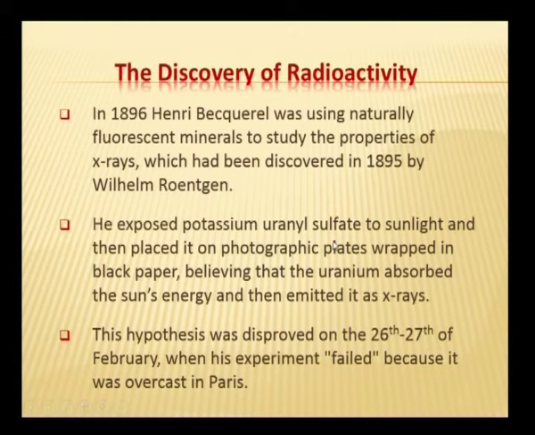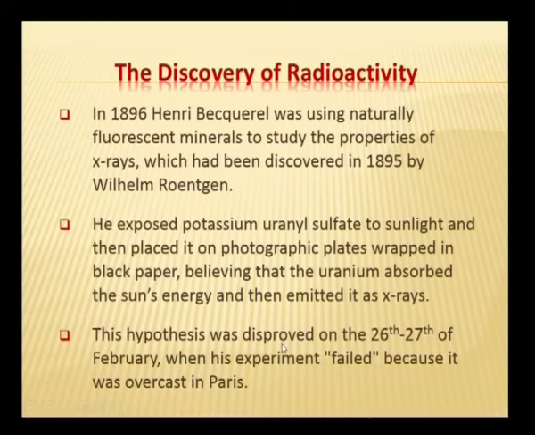He exposed potassium uranyl sulfate, the uranium sulfates, to sunlight, and then placed it on photographic plates wrapped in black paper, believing that the uranium absorbed the sun's energy and then emitted it as X-rays. So, he was expecting the radiation coming out to be X-rays.